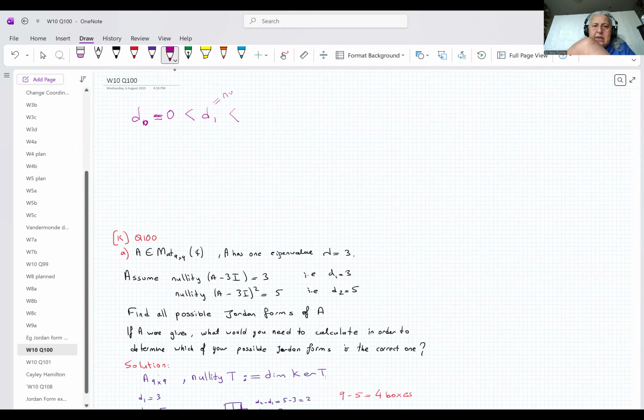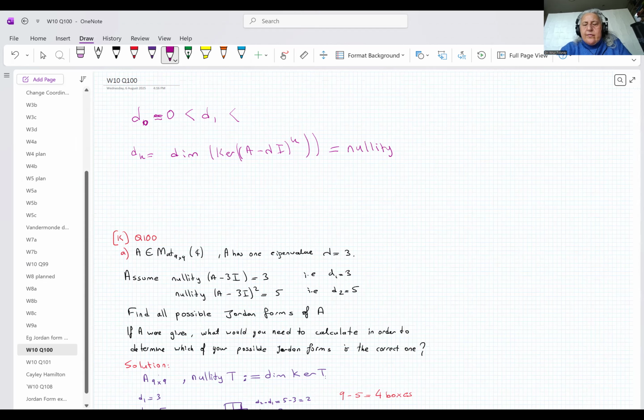That's the dimension of it, or nullity of A minus lambda I to the k. And you have dimensions here, and at some stage it has to finish.